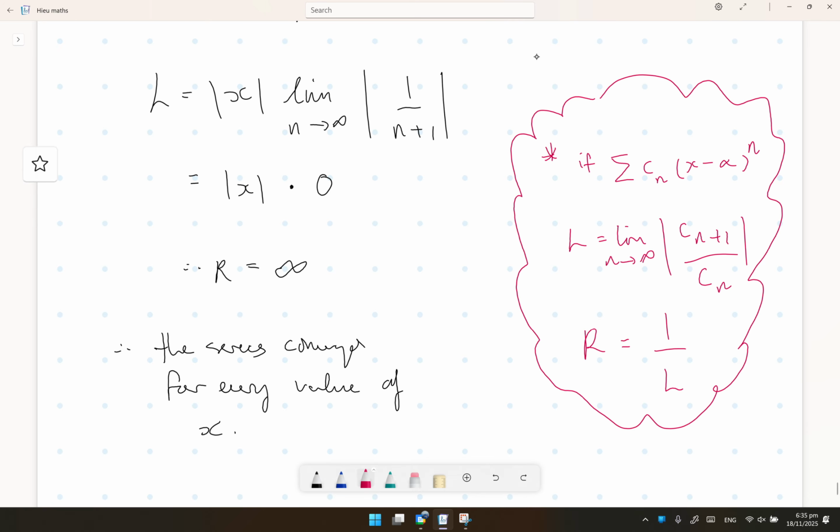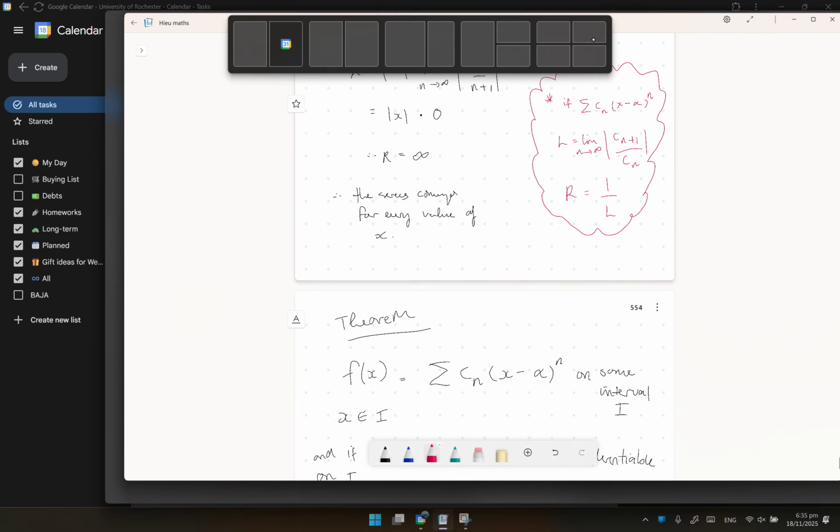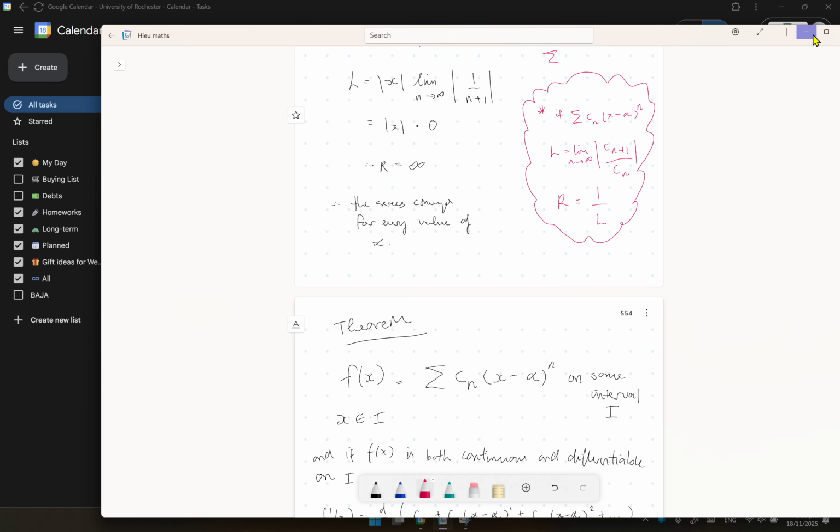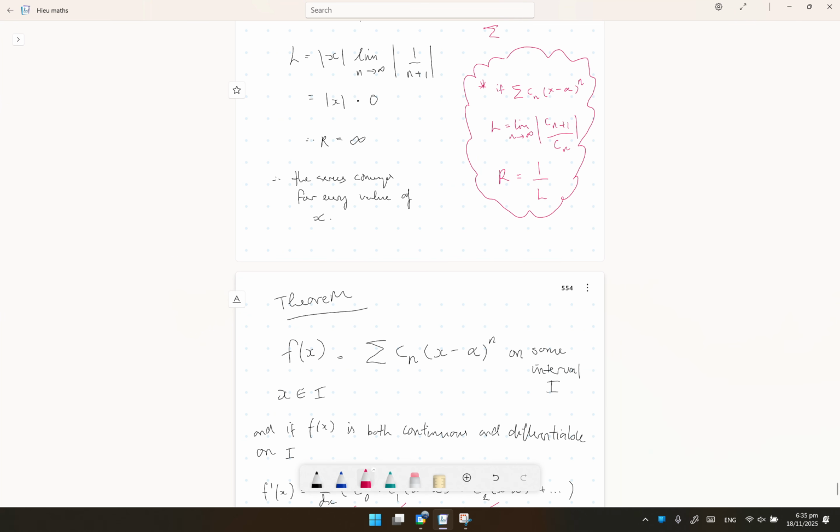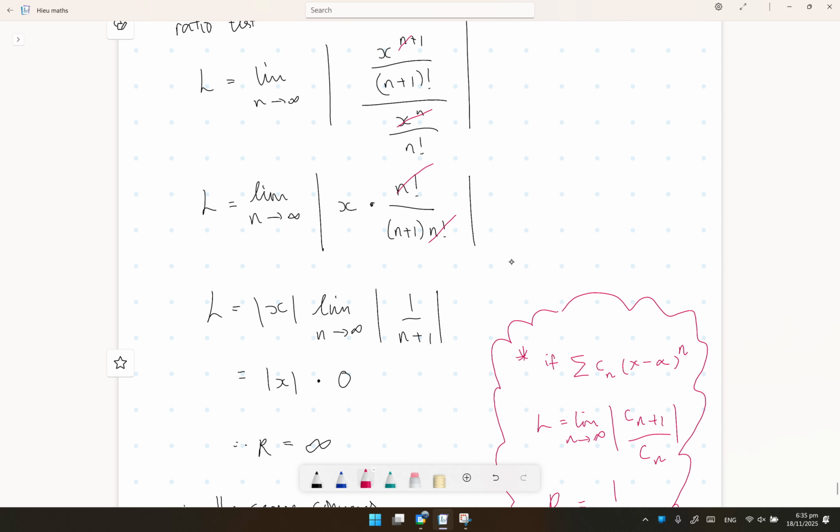If you remember, the series would look like c0 plus c1 multiplied by (x minus alpha) plus c2 multiplied by (x minus alpha) squared, that kind of stuff. And x minus alpha is just a constant, like 2 or 4, right? So it's just a constant to the c.